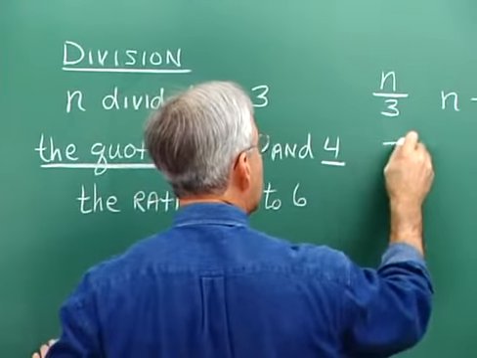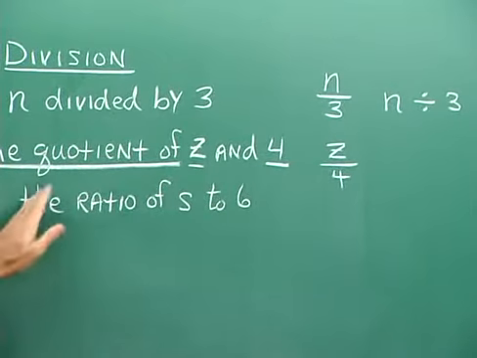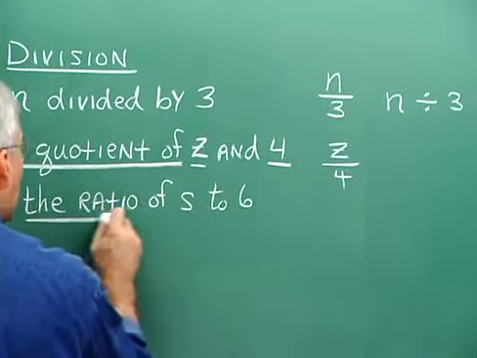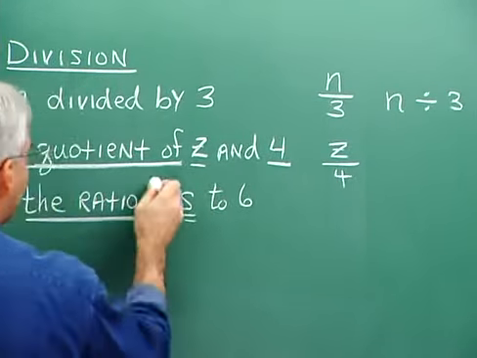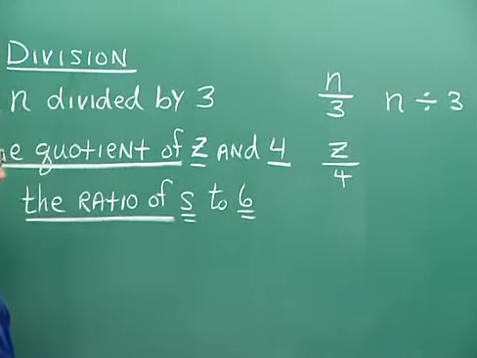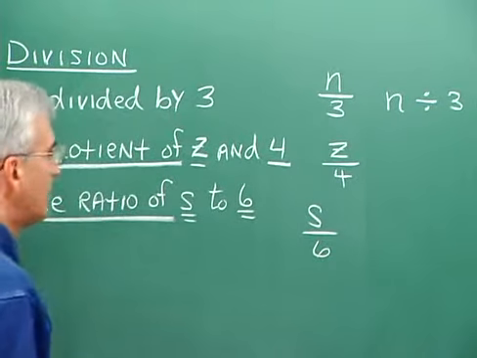So it's z divided by 4 that is implied. The ratio of a couple of items. Same idea as quotient. The ratio of implies a fraction, and the first item following this phrase is in the numerator, and the second item is in the denominator. So this is S over 6.